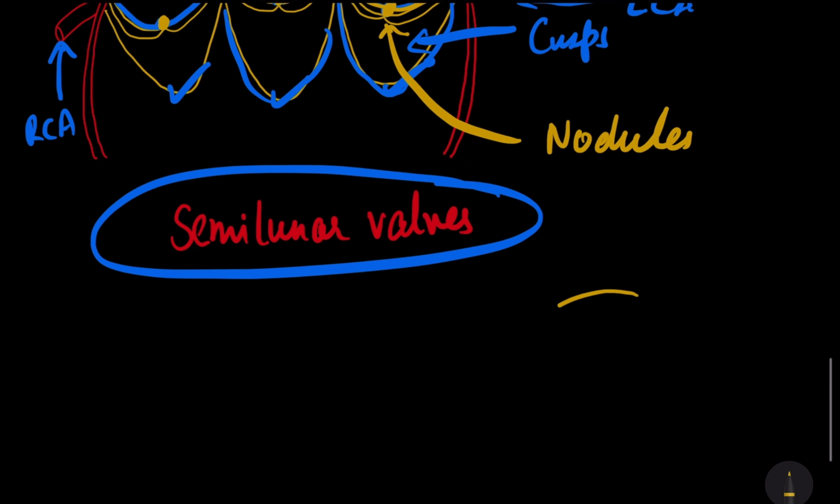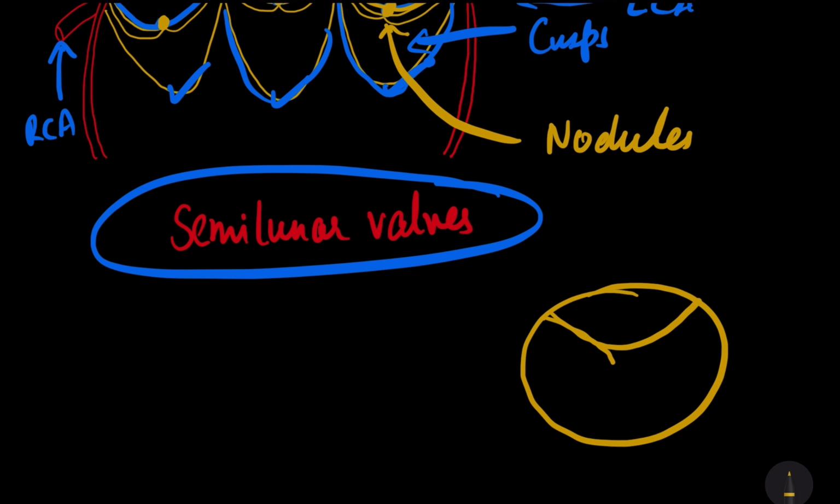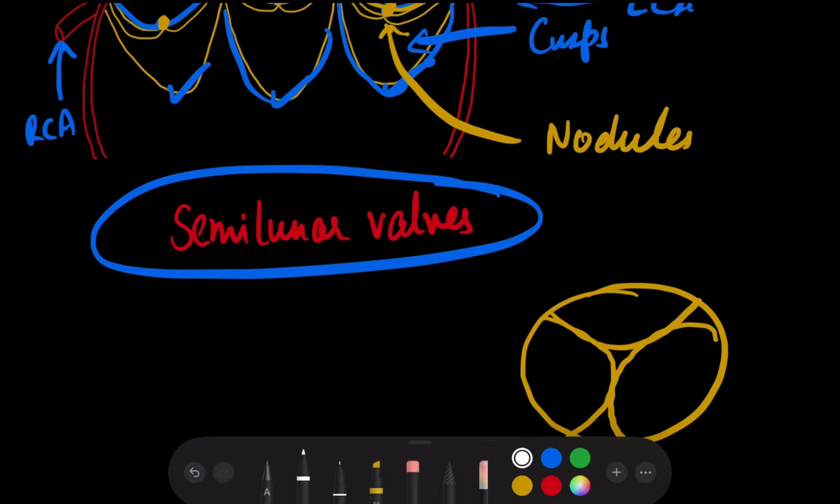Now suppose this is the inferior view of the valve, and these are the cusps. As you can see, there is a very small portion that is still unguarded, so blood might pass through. So at the middle of these cusps, we have these nodules which ensure that there is complete closure of these valves.